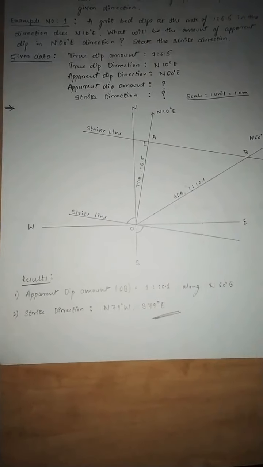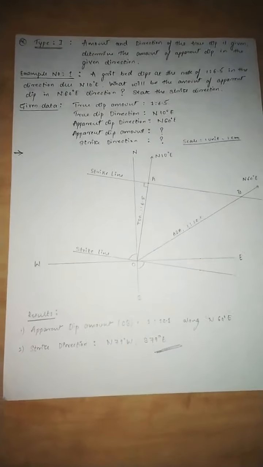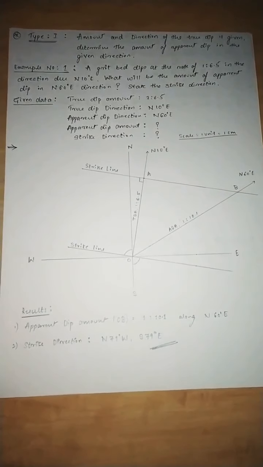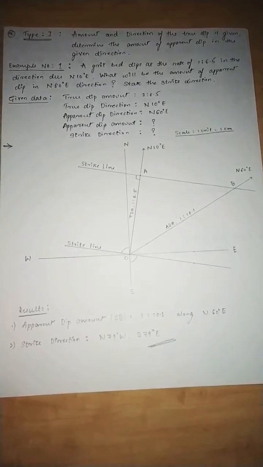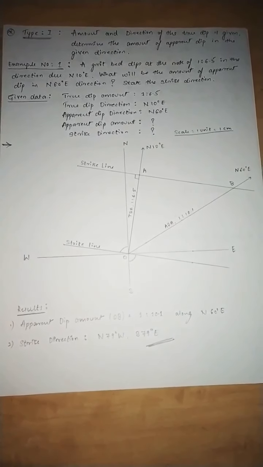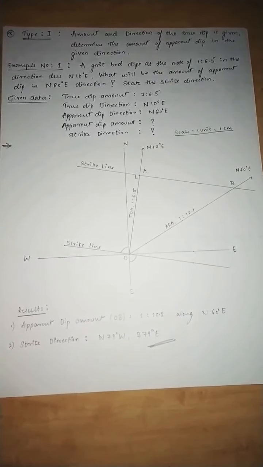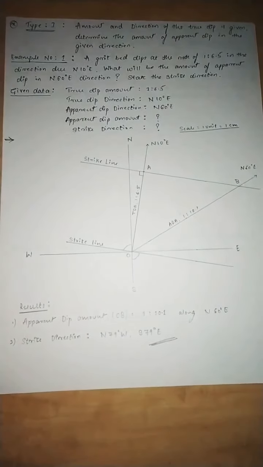So this is what we have discussed about the dip and strike problem, that is type 1, where the amount and direction of the true dip is given, and we need to determine the apparent dip in the given direction. So this is type 1.